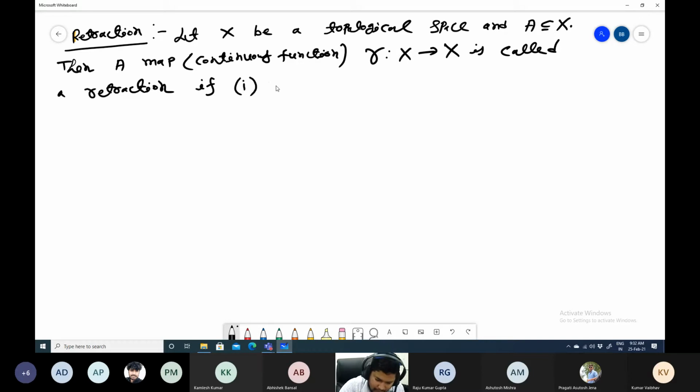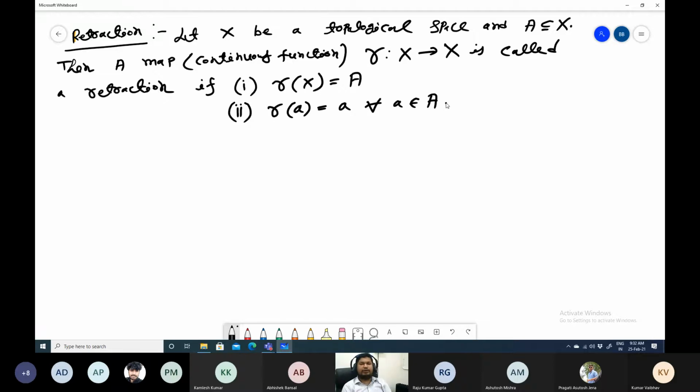First of all, R of X is contained in A. That means the image set is A, that is, the range is a subset of A, actually it will be equal to A. And the second thing is that R is the identity whenever you restrict R to A. So if any continuous function R from X to X satisfies these two properties, then we will call that map R a retraction.